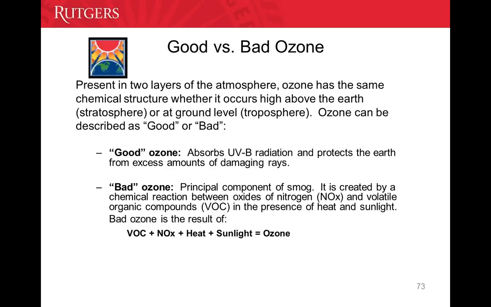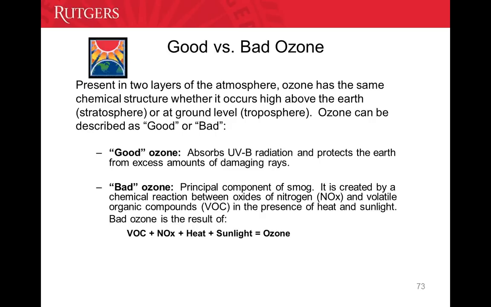So we have the one that's blocking out the UVB rays. Remember that the hole in the ozone layer, of course, is what's allowing for the increased incidence of radiation, the increase in temperature, the increase in skin cancer, increase in cataracts. So the stratospheric ozone is the one that we must maintain or keep safe.